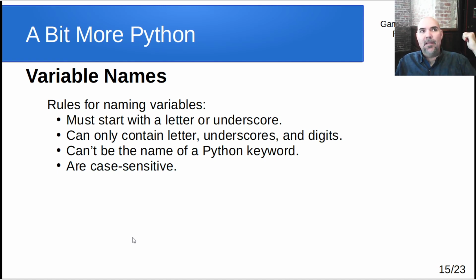For some of them it'll let you change the names, for example print, but that's going to create problems if you ever try to use print after that, because we've essentially overwritten what print was doing with something else that we didn't intend. Or input: if I say input equals 10, I can't use the input function anymore because I've used that name now for something else. So we should not use a keyword for variable names, and we should not use any of those Python built-in functions for variable names.